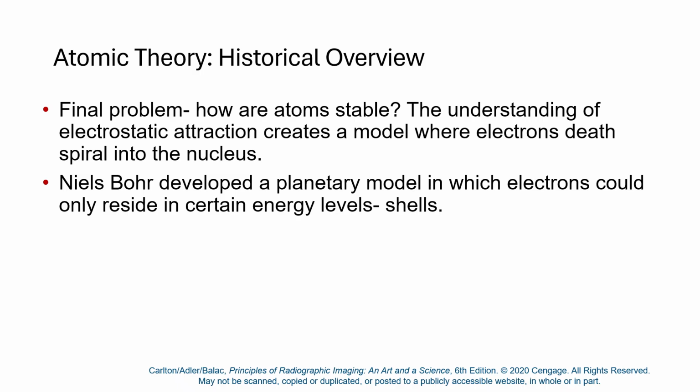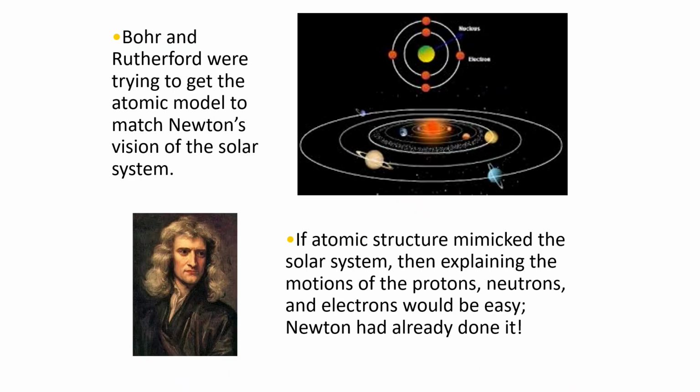And so Niels basically ripped off the planetary model of the solar system and said, like the planets are in stable orbits, the electrons are in stable orbits, but instead of physical pathways, those are energy states that they're in. Okay? And so he brought this idea to Rutherford. Rutherford liked the idea. He liked the idea that we were ripping off Newton because Newton was pretty smart and figured out the planetary model, and that mathematics was solid.